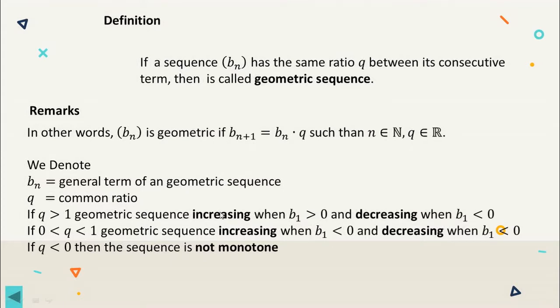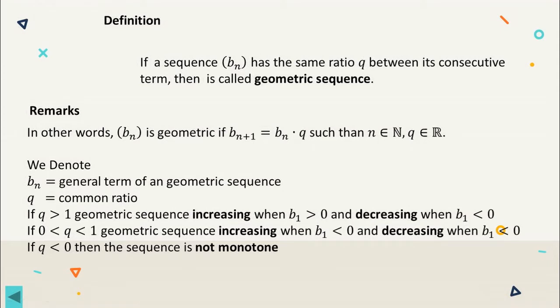Increasing or decreasing means the sequence is monotone, right? And if k is more than 0 but less than 1, the geometric sequence is still monotone, increasing when b1 is less than 0 and decreasing when b1 is more than 0. Remember, if k is less than 0, then the sequence is not monotone.